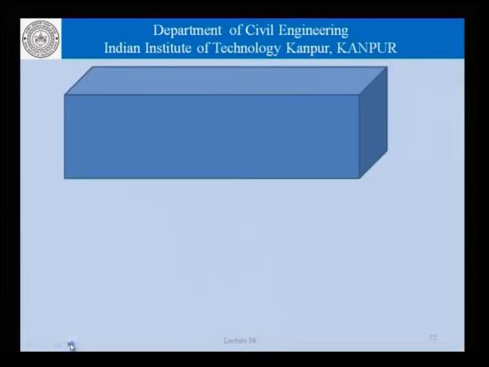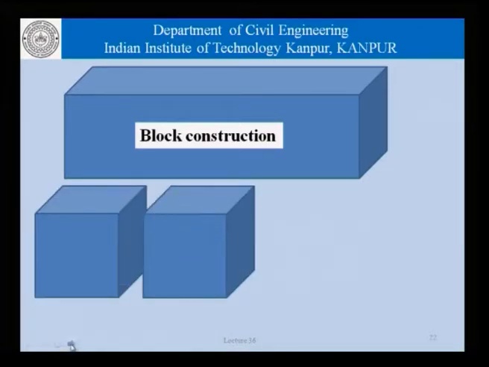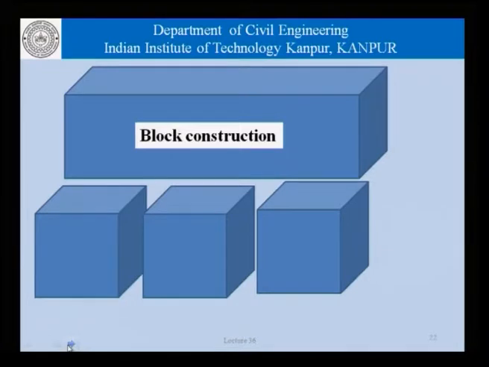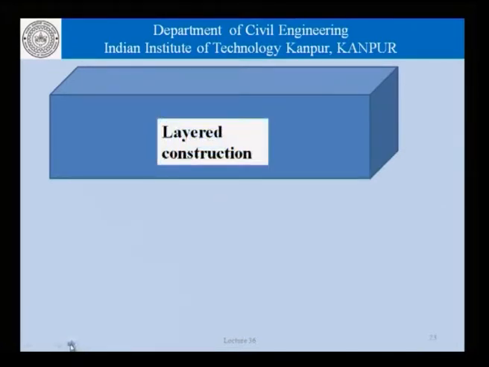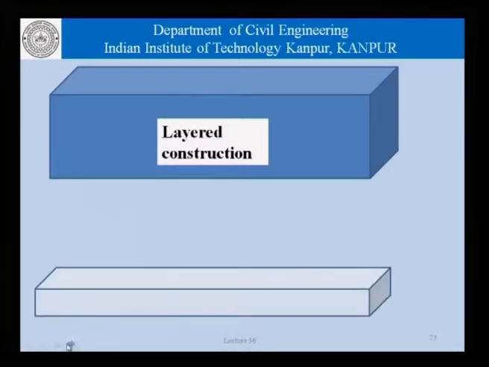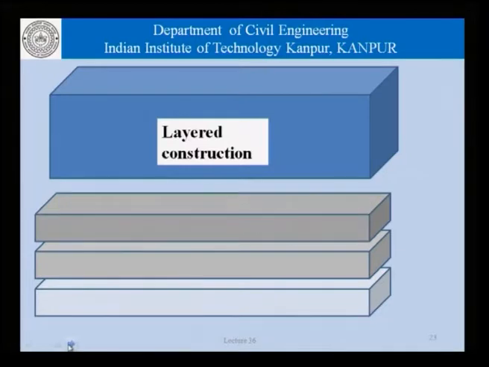As far as a diagram is concerned, if we want to construct this block, we had talked about normal construction using these three blocks, and then we had talked about roller compacted concrete, where we were talking about layered construction, where this layer is placed first, on top of that this layer, and finally this layer.